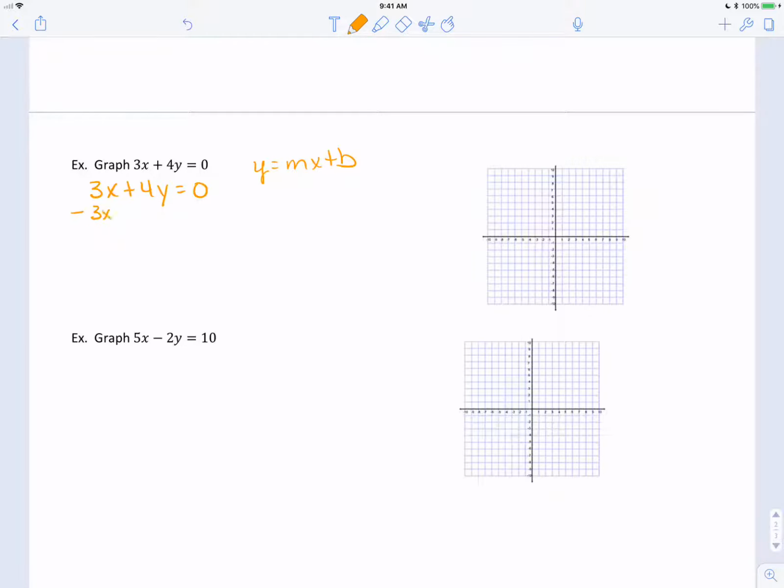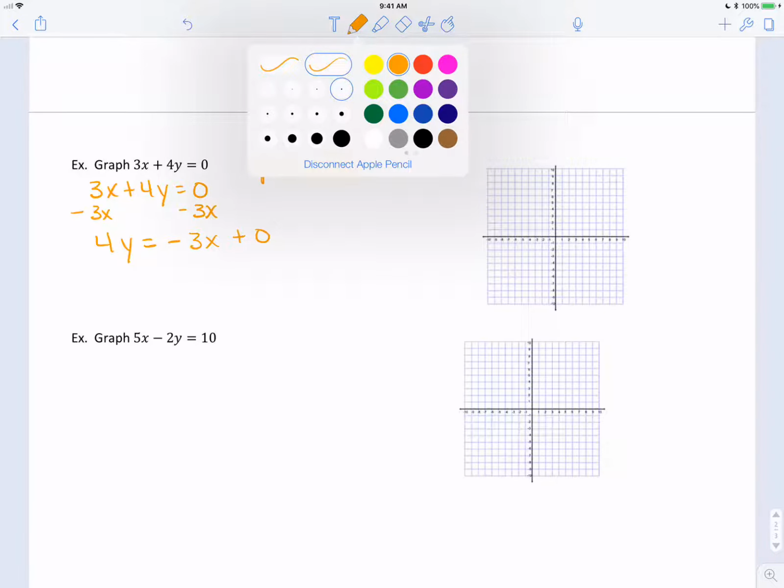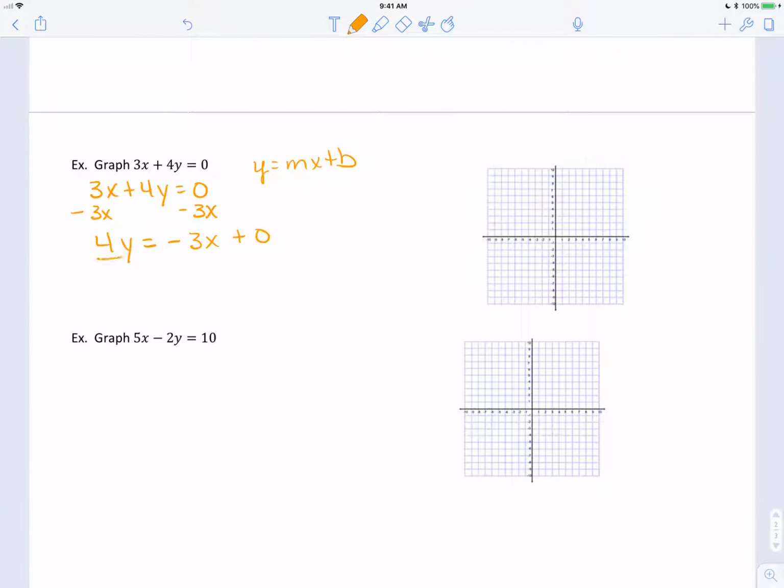We've got to subtract our 3x from both sides. So we have 4y is equal to -3x plus 0. And you can leave that 0 off, or you can leave it in there. It doesn't really matter. But now we've got to divide everything by 4, because that y is still not by himself.